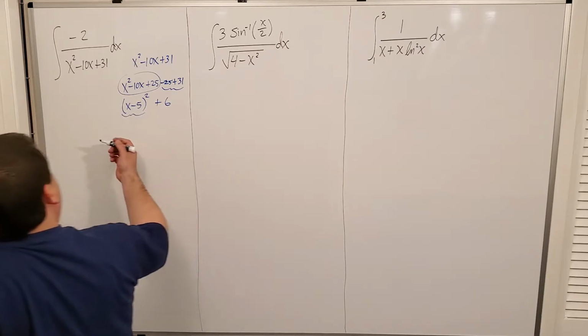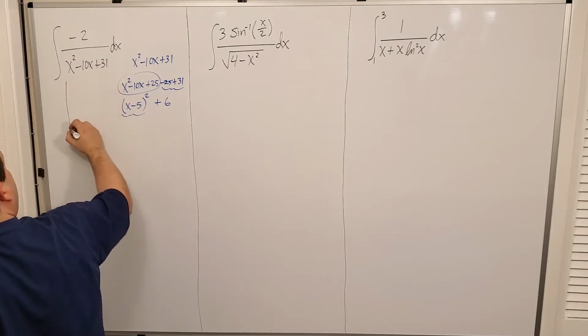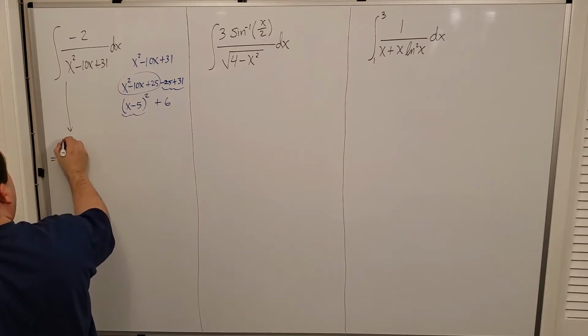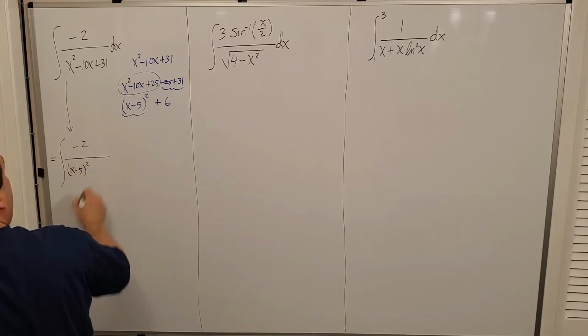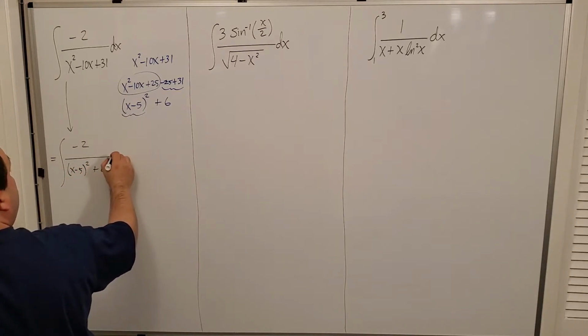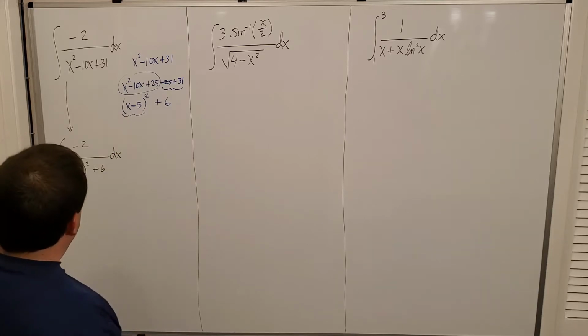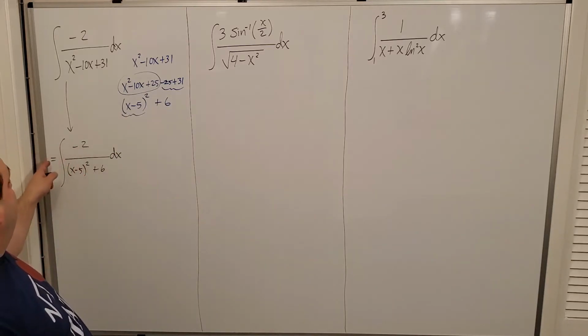Okay, so basically I'm rewriting my integral here. Integral of -2 over x minus 5 quantity squared plus 6 dx. Now, of course, the -2 is just a number that I can bring out, okay?